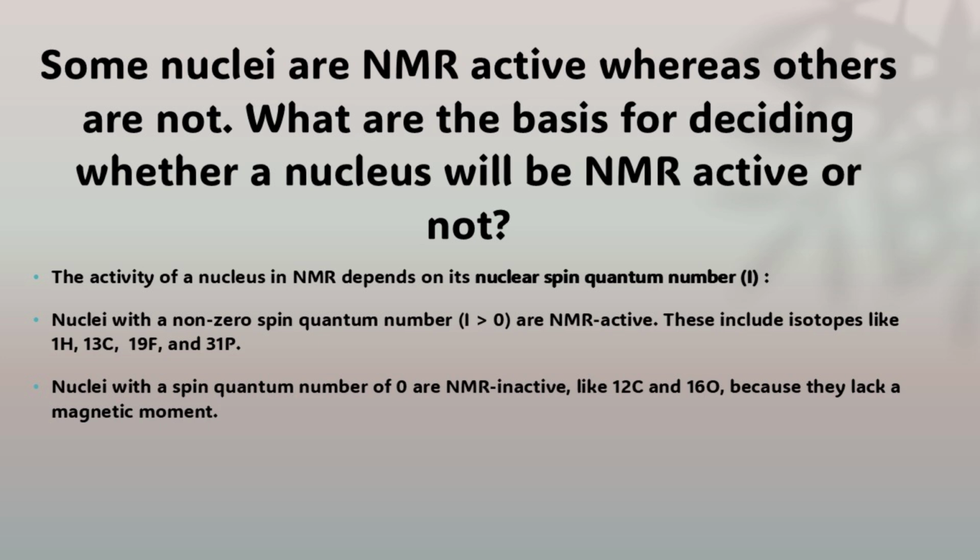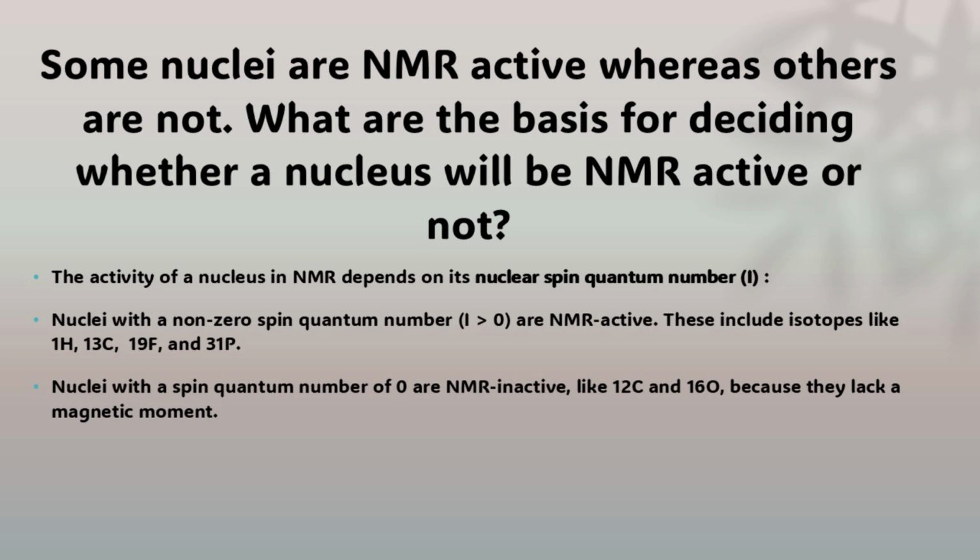These include isotopes like 1H, C13, F19, and P31. Nuclei with a spin quantum number of 0 are NMR inactive, like C12 and O16, because they lack a magnetic moment or have a magnetic moment equal to 0.